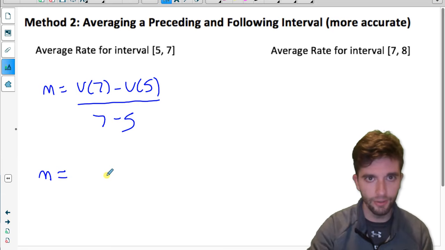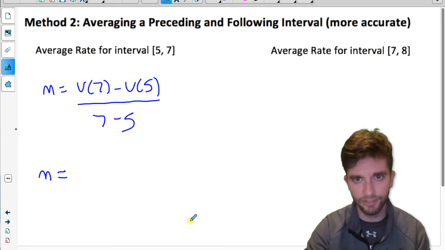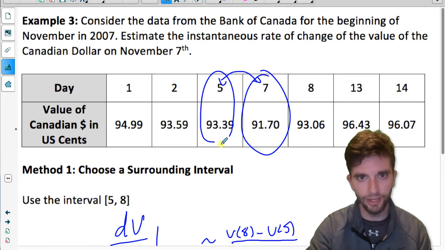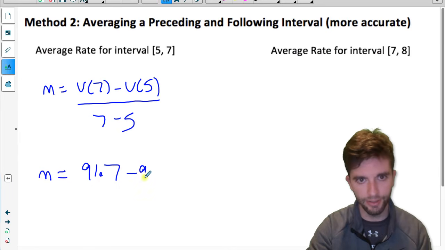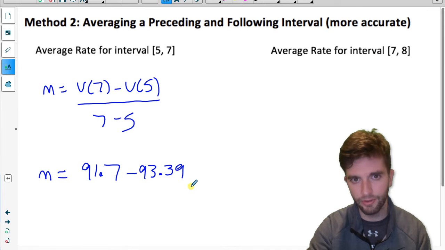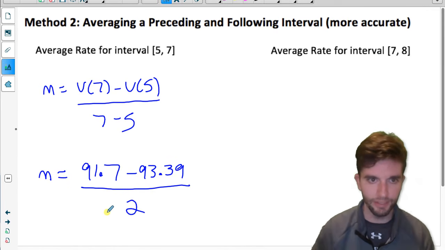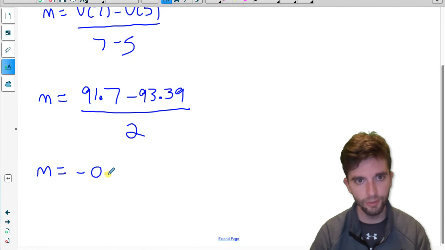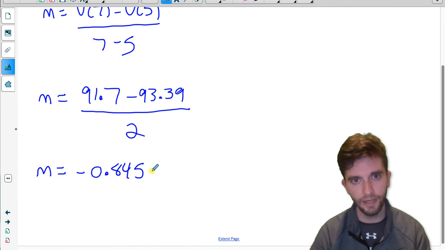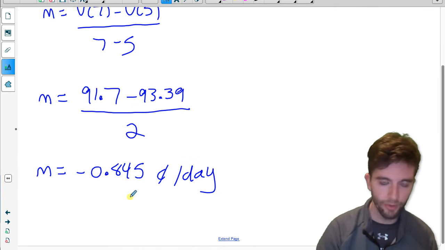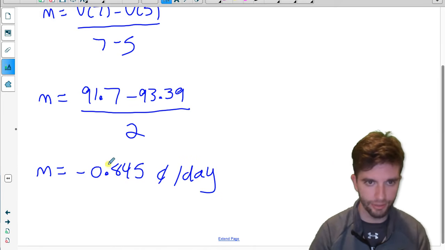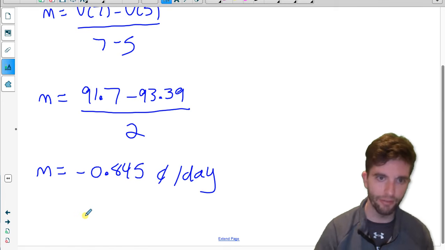And the value on day 7 was 91.7 US cents, minus the value on day 5 was 93.39 US cents. All this divided by 7 minus 5, so divided by 2. And I get negative 0.845 cents per day. So on the interval before November 7th, it's dropping by about 0.845 cents a day.